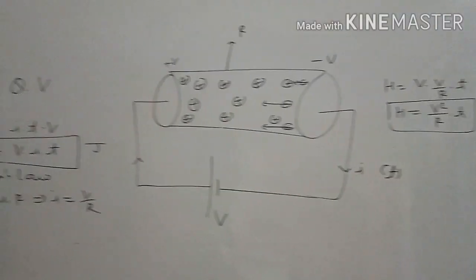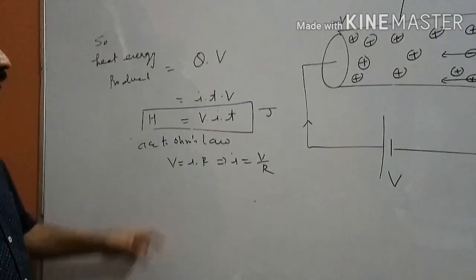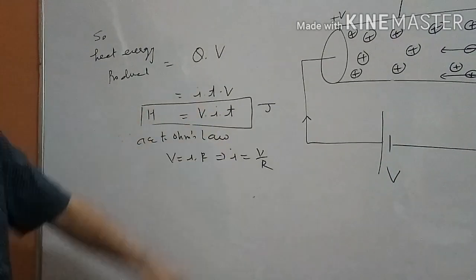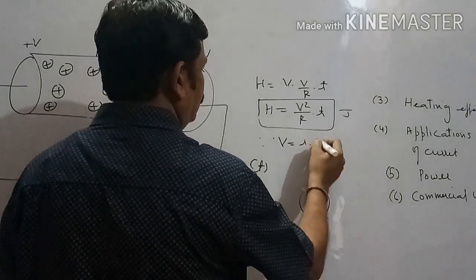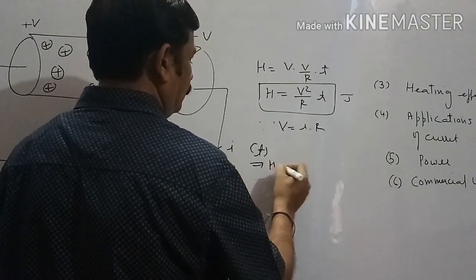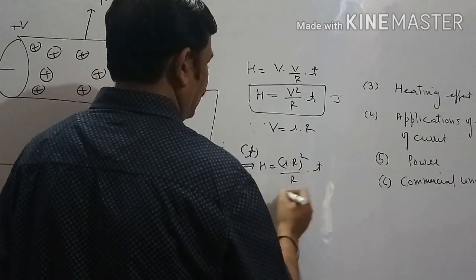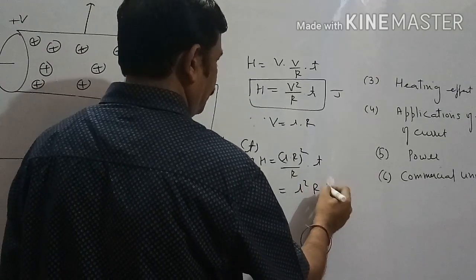Again using Ohm's law, if V is equal to IR, put V as IR here. So H will be IR into IT, that is I square RT.